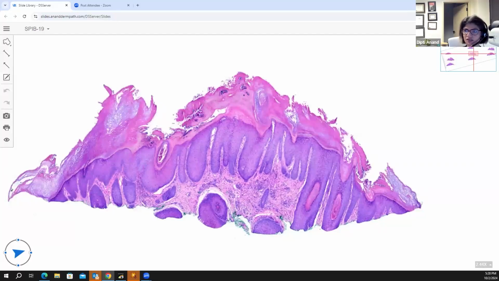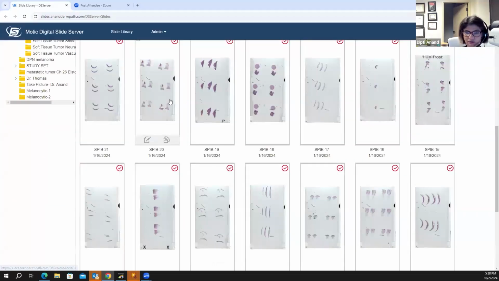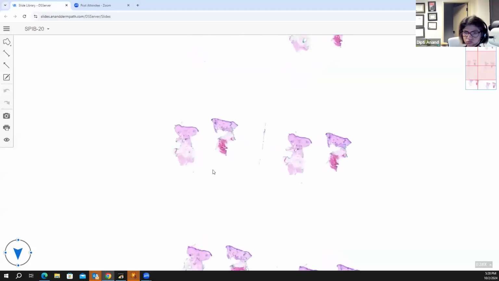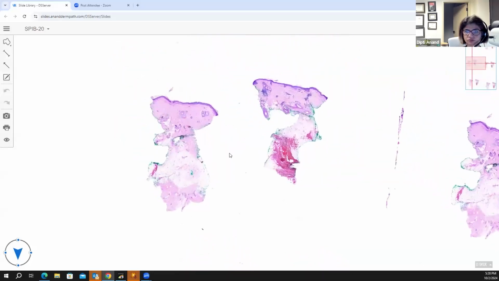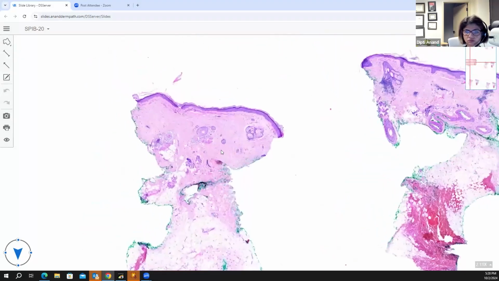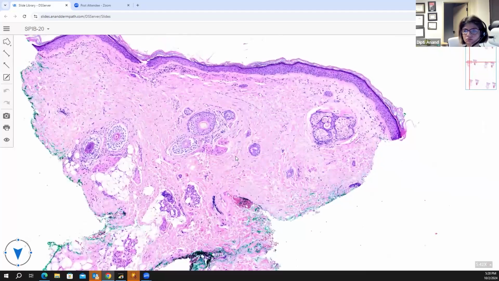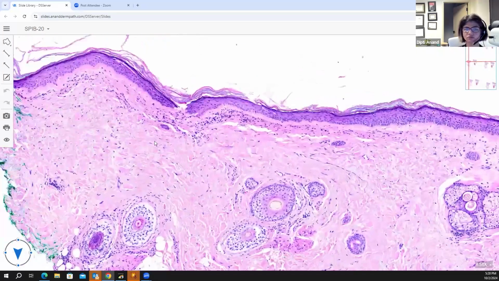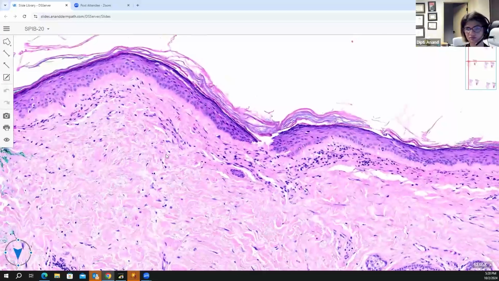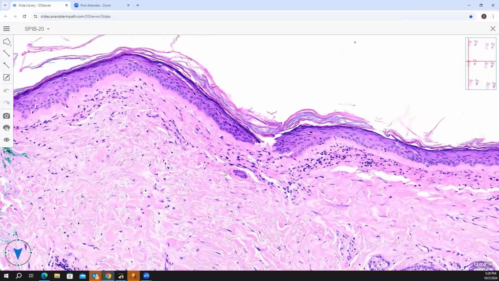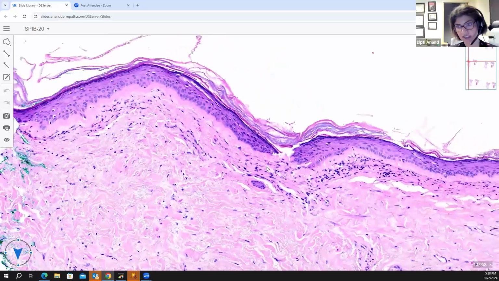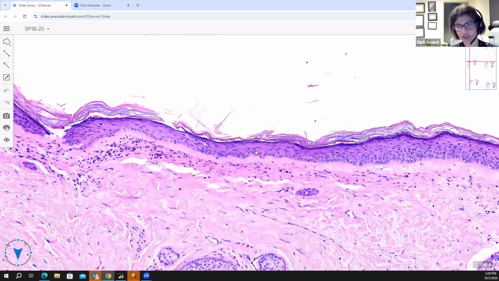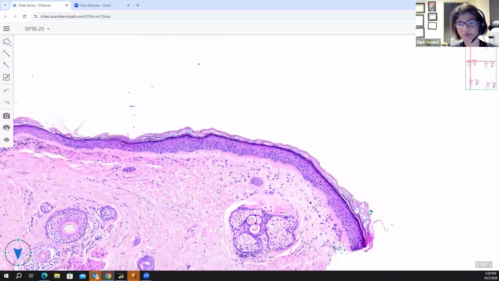Good. And we have the next one, which is your slide number 20. What is happening in here? What is that? DM. Yep. This has got the most perfect thickening of the basement membrane with very sparse inflammation.